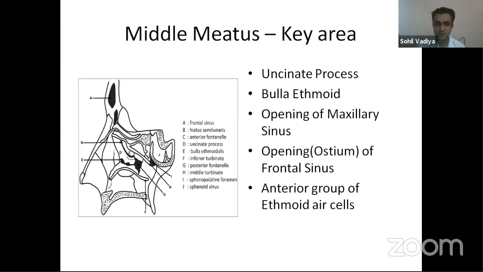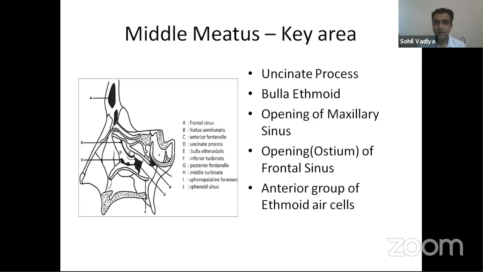It's a bony process, a leaf-like bony projection. Behind the uncinate process, posterior to the uncinate process, is something called a bulla ethmoidalis. Bulla ethmoidalis is an air cell belonging to the anterior ethmoid group of air cells. It is the largest of the anterior group of ethmoidal air cells.